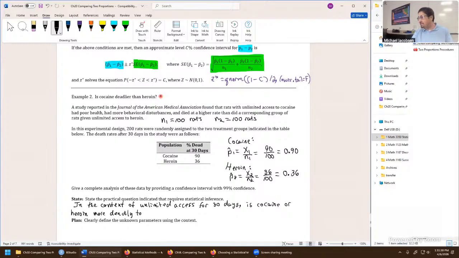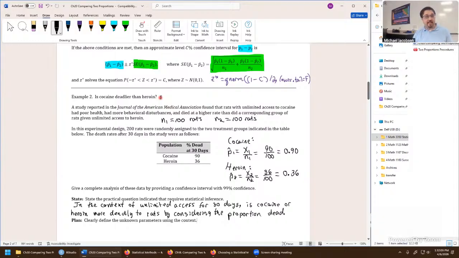I'll go with just briefly rats, deadly to rats by considering, you could say the percent dead or the proportion dead. After 30 days, but we've already said 30 days, so that'd be redundant. And that seems to be the practical question that also pulls into the context.